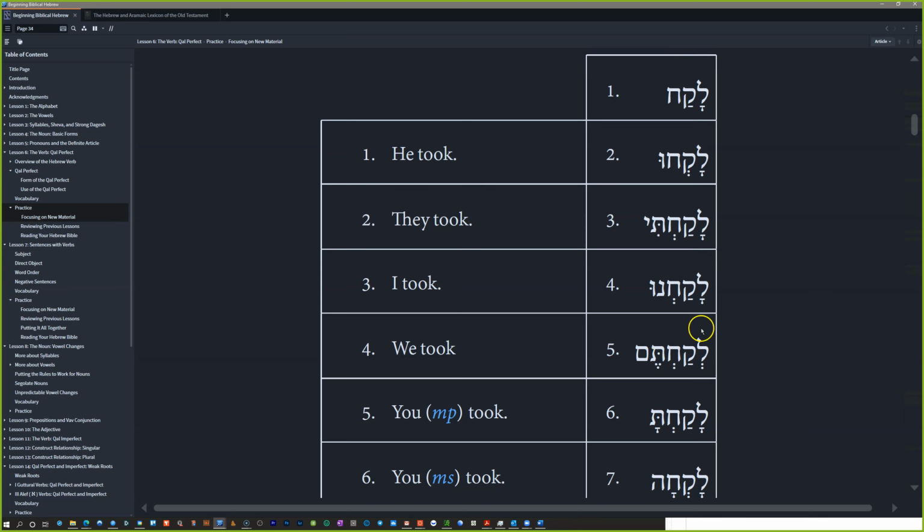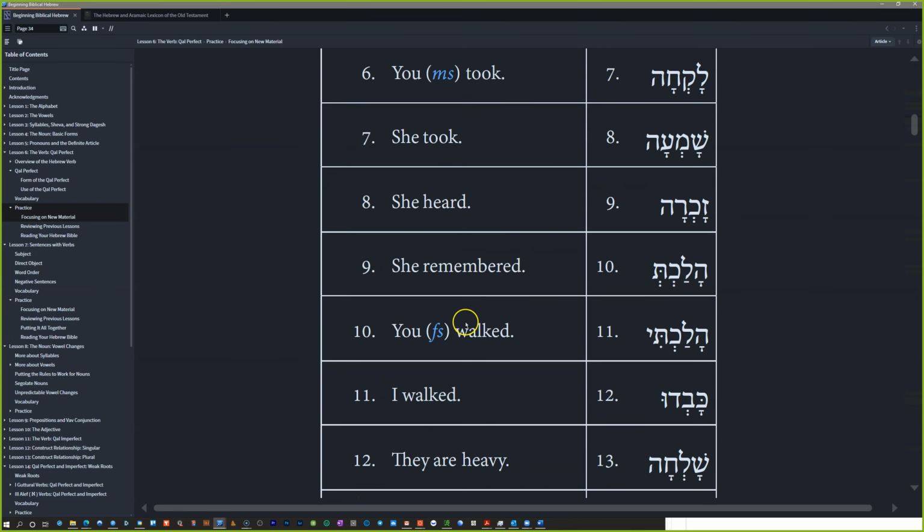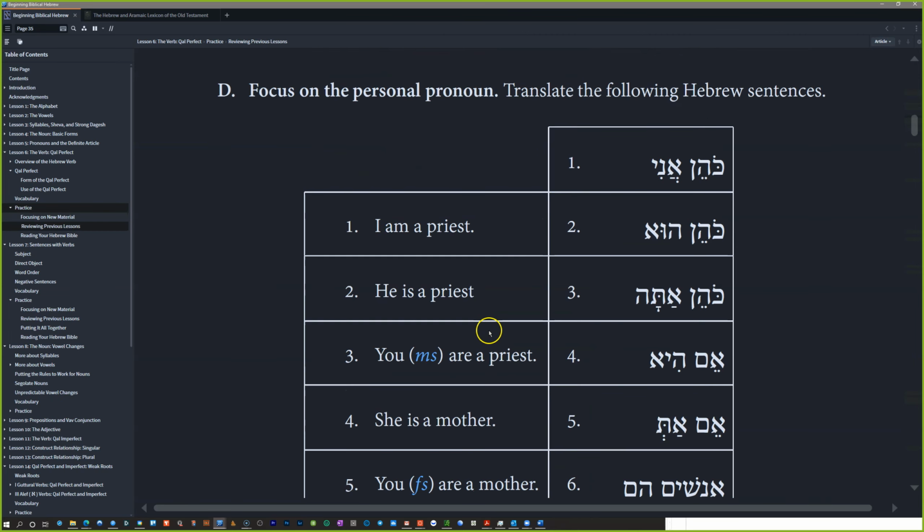If I take that off, I'm left with lakach. Well, lakach I learned as he took, or he captured, or he seized in the Qal Perfect 3MS. But it's not 3MS, it's 2MP. So again, it's not he took, it's you, masculine plural, took. And so that's how we apply this methodology through here.